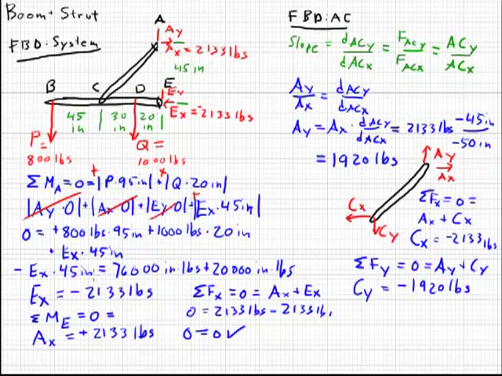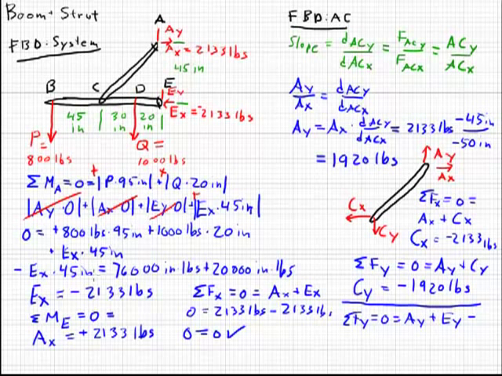If we go back to the free body diagram of the system, we can look at the sum of the forces in the y direction. Obviously they must be 0, and we have AY plus EY. We were never able to solve them over there, but now we can.